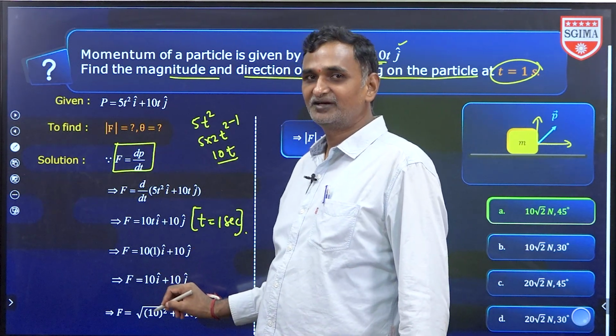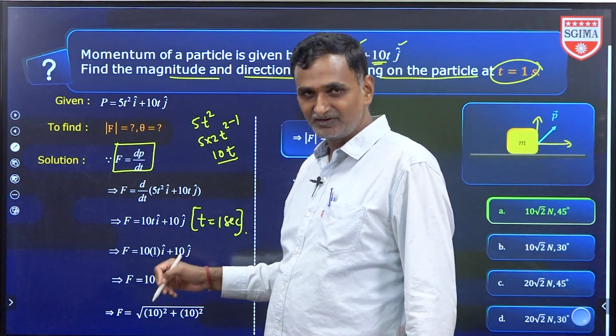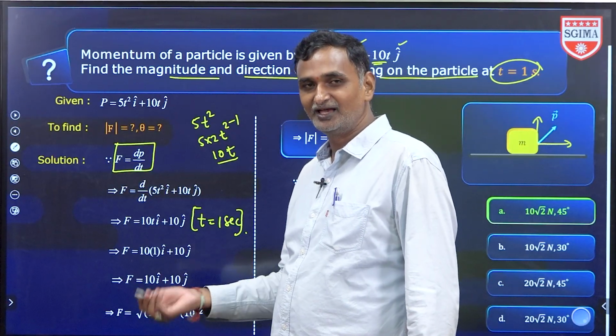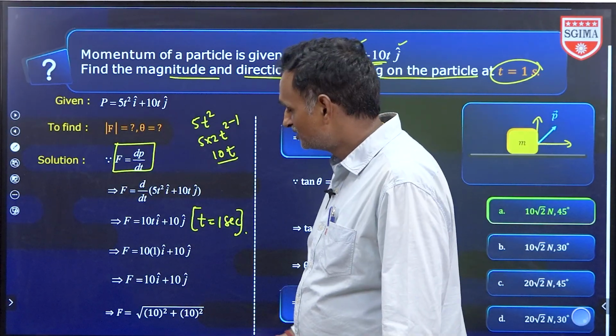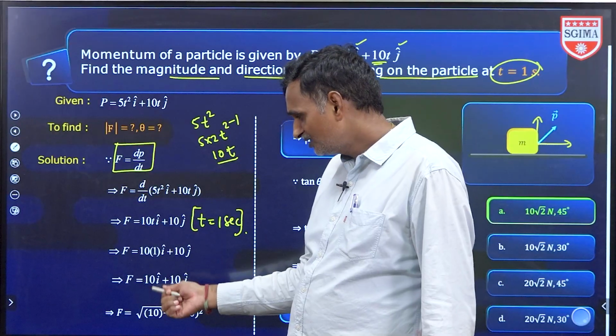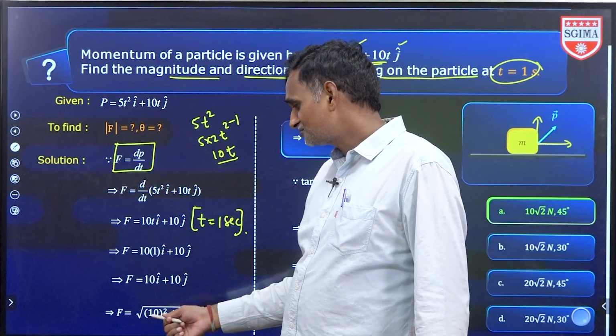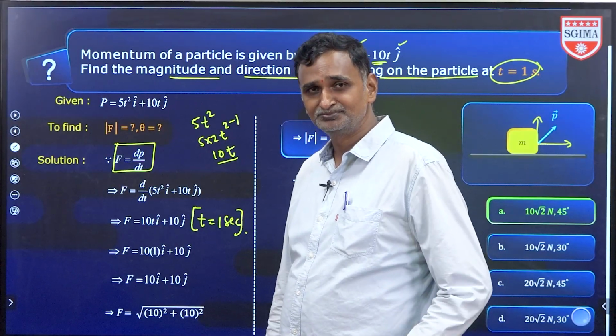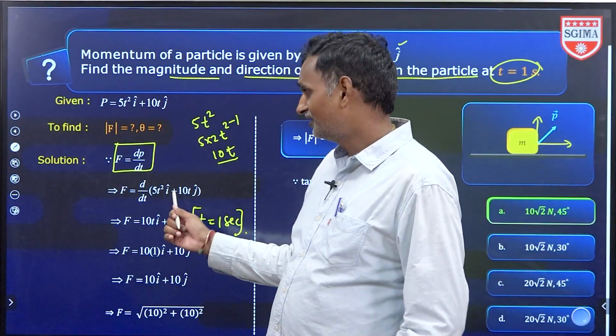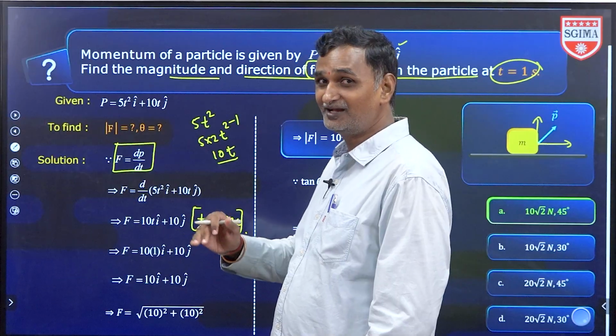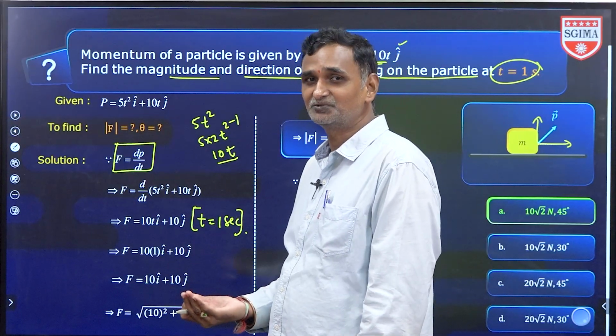So the magnitude of a vector is always root of a square plus b square, if the vector is a i cap plus b j cap. Okay, so here 10 i cap plus 10 j cap is there. So the vector magnitude will be taken as root over 10 square plus 10 square. Just now I told you at plus bt, that is not correct. It is at i cap plus bt square j cap.